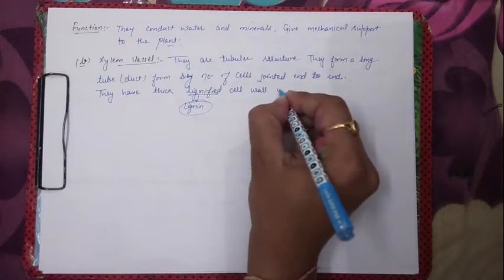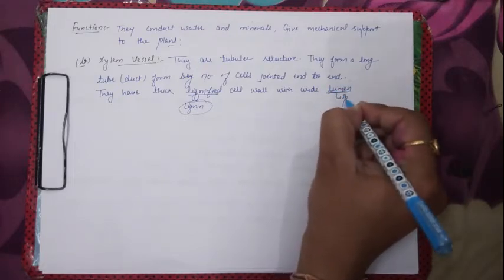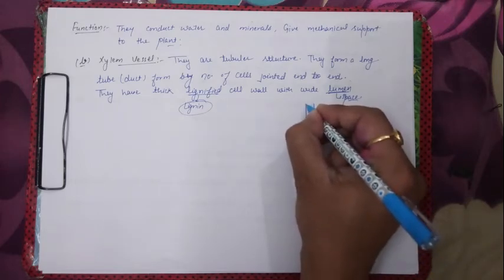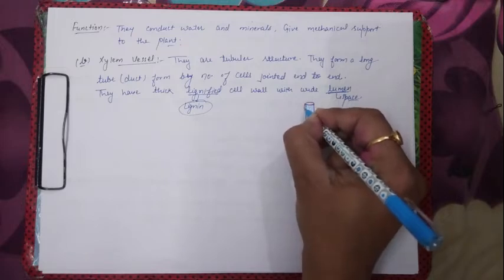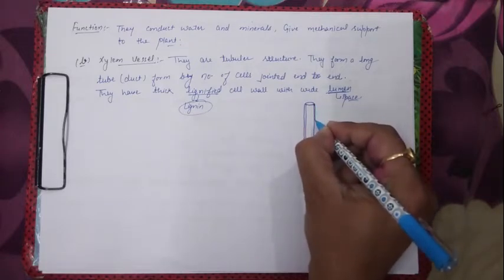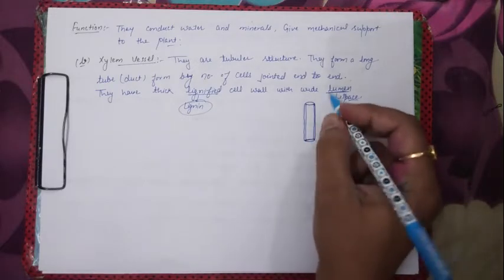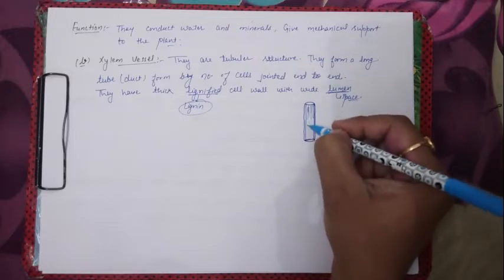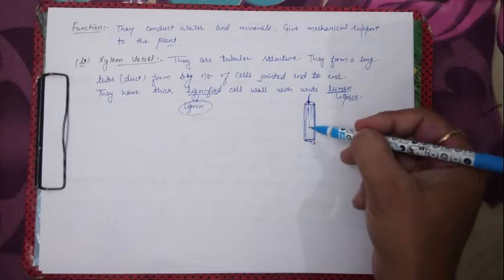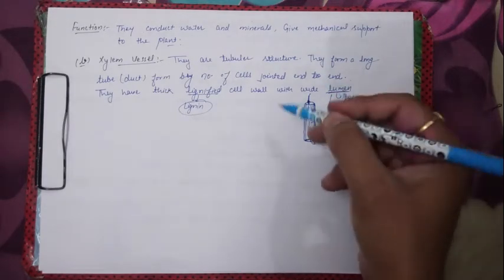Lumen is a space, like a pipe-like structure, an empty space by which a substance passes from one end to the other. So that space is called lumen.